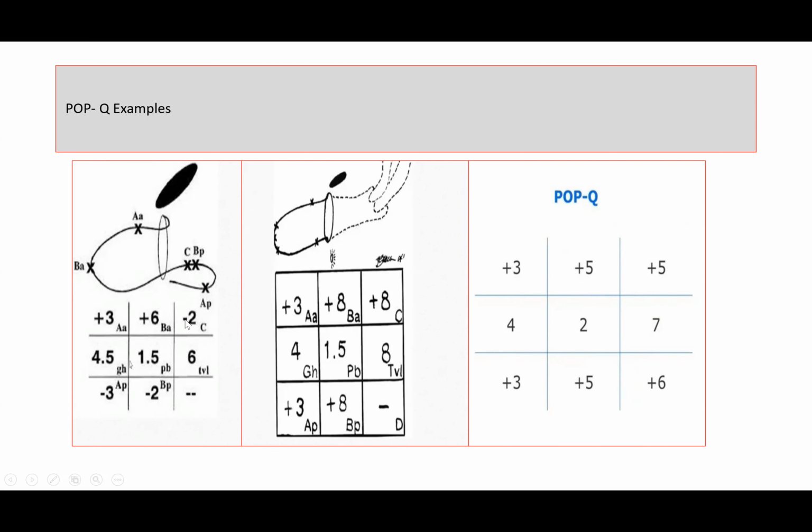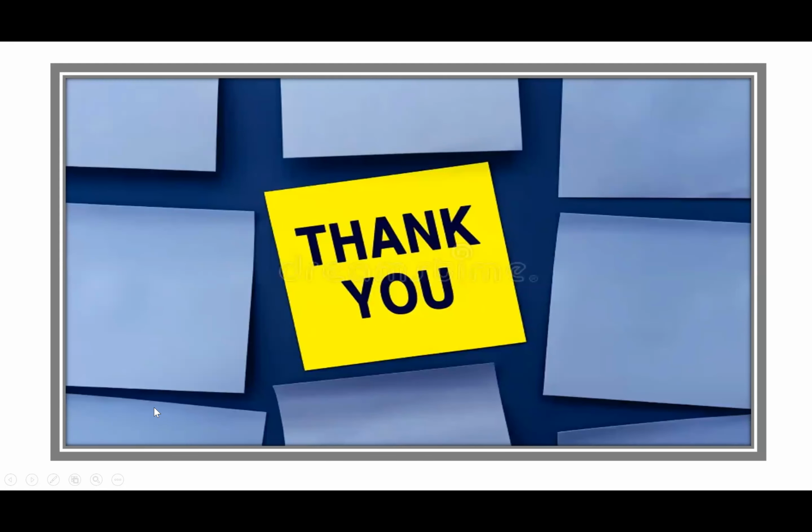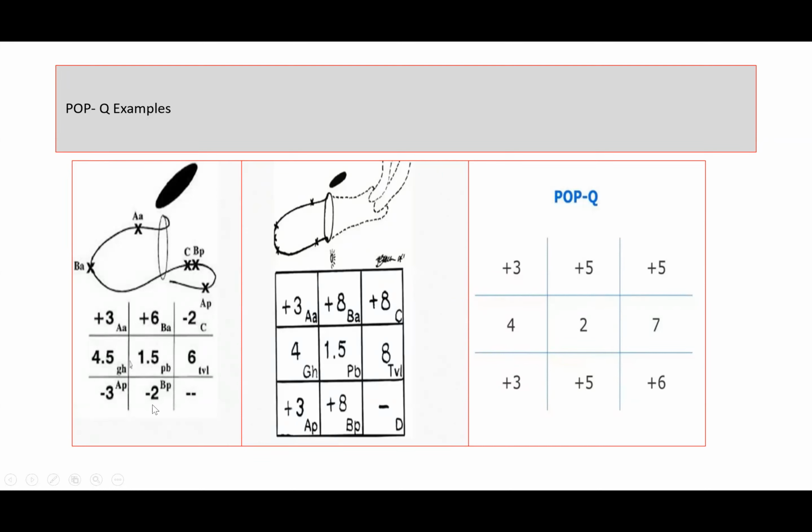Stage 1 prolapse, it is less than minus 1. So this is stage 1 prolapse. Now coming to these values, minus 3. So in the posterior vaginal wall, AP is minus 3. So AP is minus 3, it means there is no prolapse. Okay, this is the normal value. But BP is minus 2.